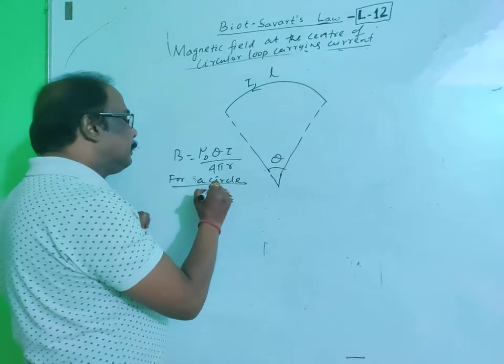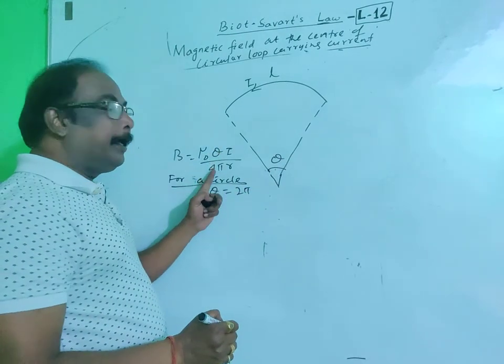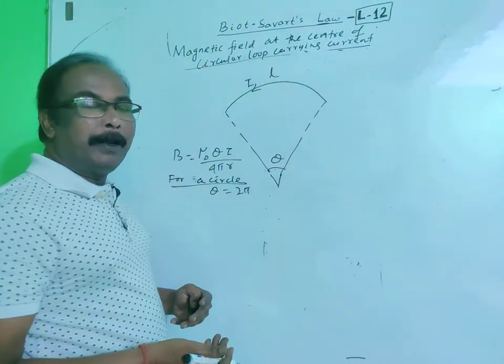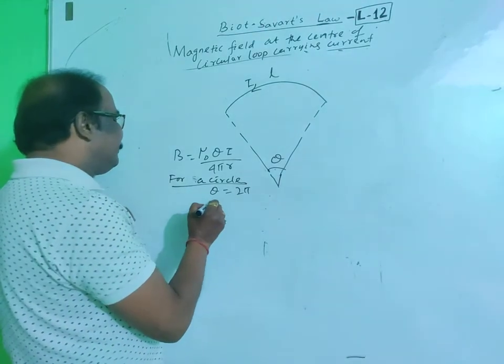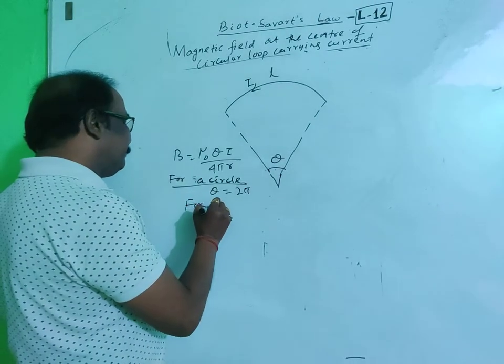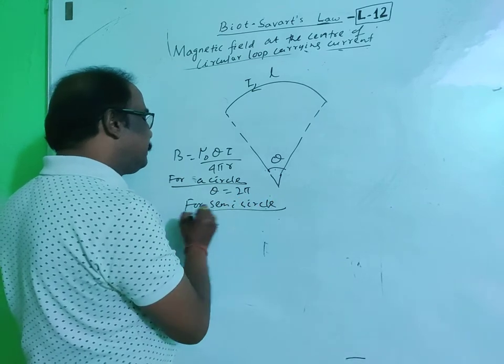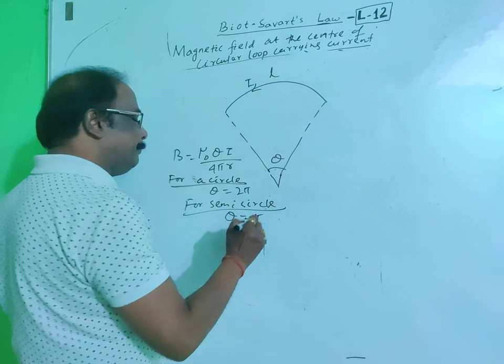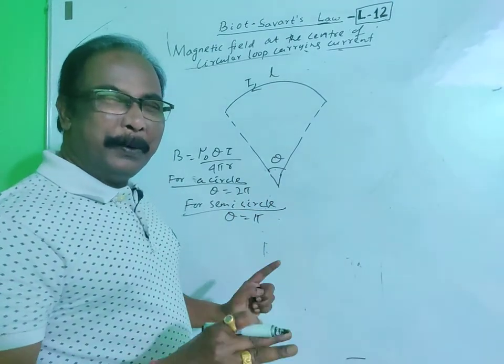For a circle, theta is equal to 2 pi. Put here 2 pi, you will get expression for magnetic field at the center of the circle carrying current. For semicircle, theta is pi. Similarly, for quarter circle, theta is pi by 2, and so on.